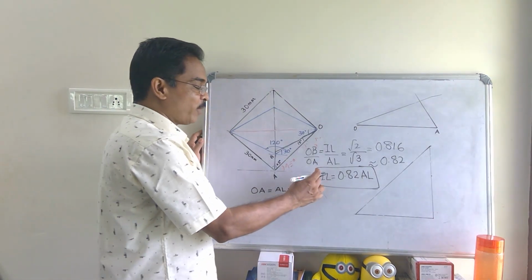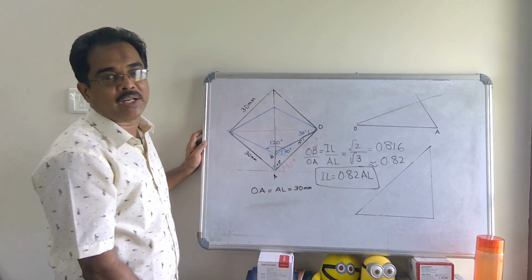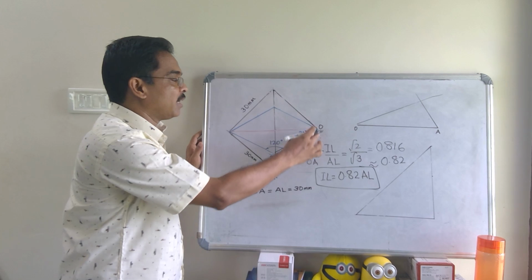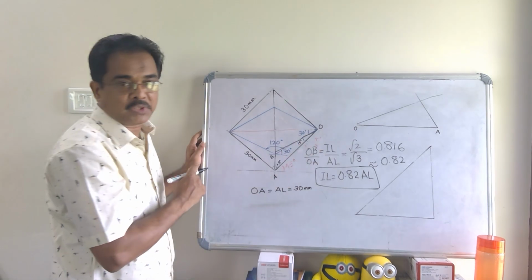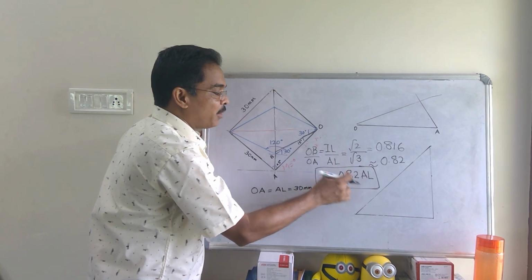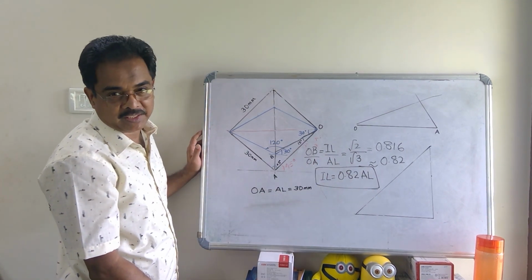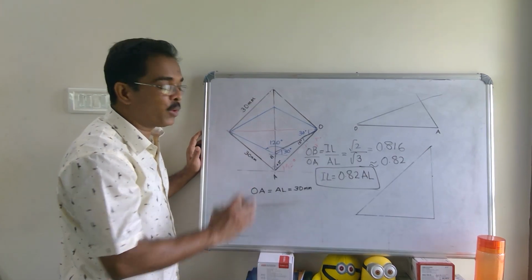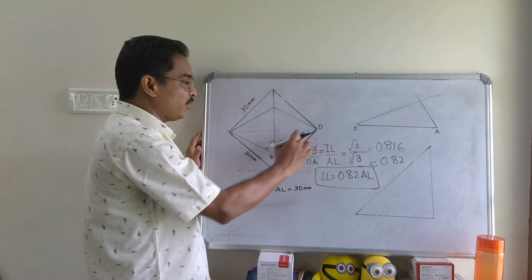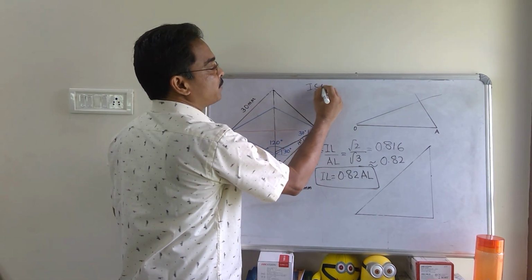But while drawing the isometric projection, we will never use our calculator to find the isometric length corresponding to the actual length. We will never multiply by 0.82 to find the isometric length. For that, we will construct an isometric scale.